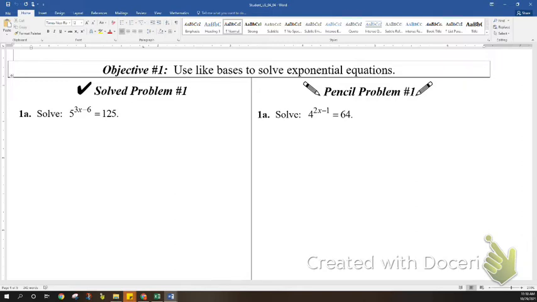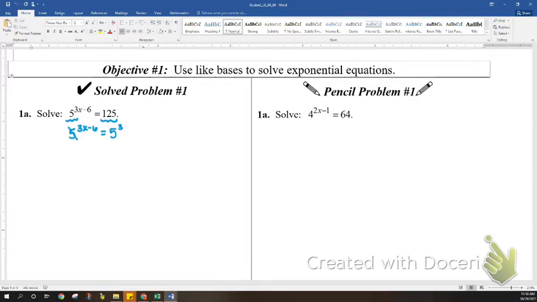So notice on solved problem 1A, it says 5 to the 3x minus 6 is equal to 125. Well, can we take the larger base down to the smaller one? Can we take 125 to a base of 5? Yes, we can. So 5 to the 3x minus 6 equals 125, which is 5 to the third.